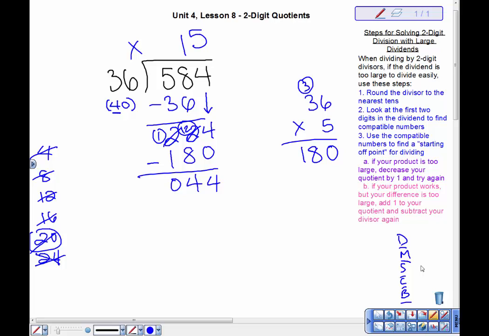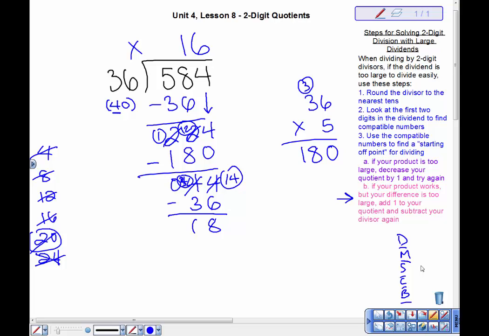My product works, but my difference is too large. So the directions say add 1 to the quotient. Instead of making this a 5, I'm going to make it a 6, and subtract your divisor, 36, one more time. Same steps we followed yesterday. I'm just going to subtract and see what I end up with.